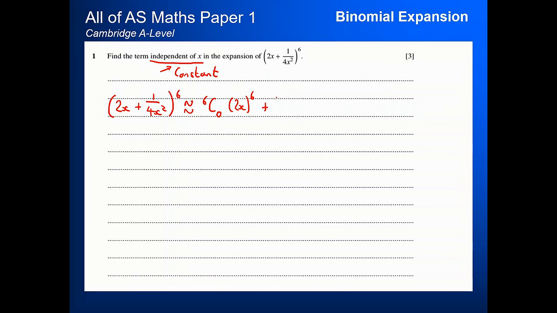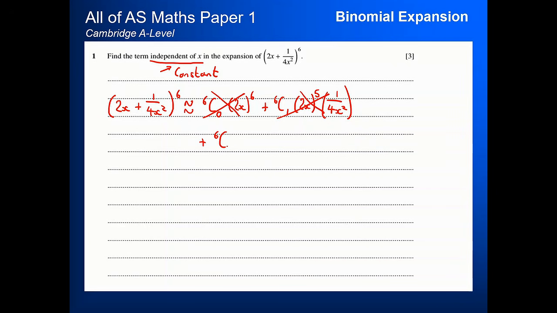So then we have 6C1, then we're going to have (2x)^5, and then multiplied by one lot of this here. Now, just by looking at this, we're going to get an x to the power of 5 term here, an x squared term on the bottom. x^5 divided by x^2 is x^3. So this term wasn't going to work. This term won't work either. So let's just keep continuing.